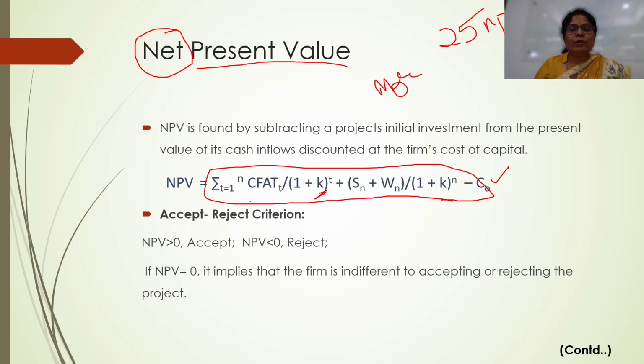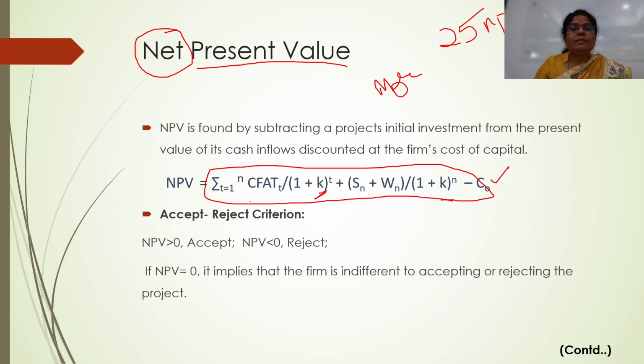Let me explain this formula. Here the formula is summation of t from 1 to n. You know that summation is the sum of certain values, right? So what are those values? CFAT. What is CFAT? Cash flow after tax. This will be discounted at the rate of K, right?